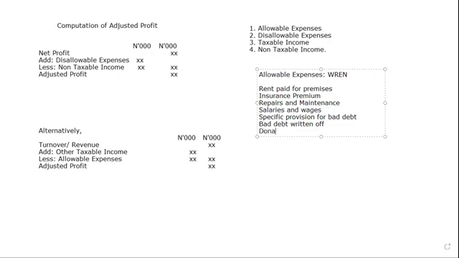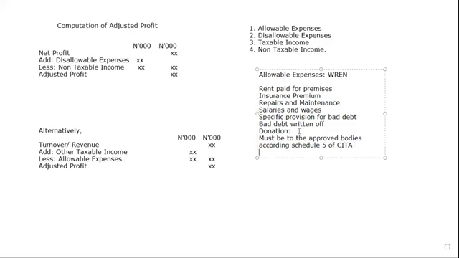Another one I can remember now is donations. But donations have laws, so let's look at the conditions attached to donations. Number one, donations must be to approved bodies according to Schedule 5 of CITA, that's Companies Income Tax Act.